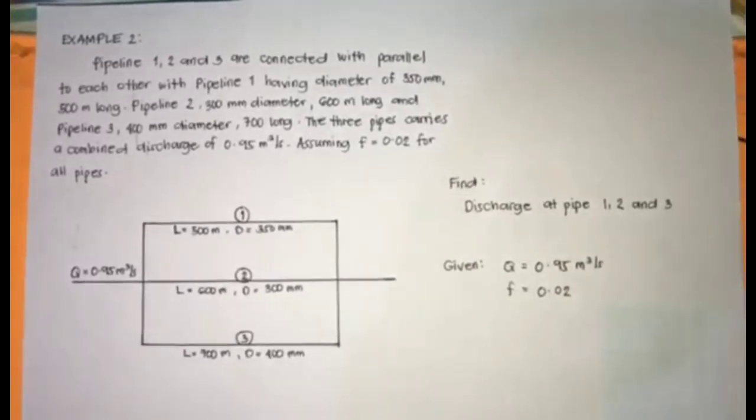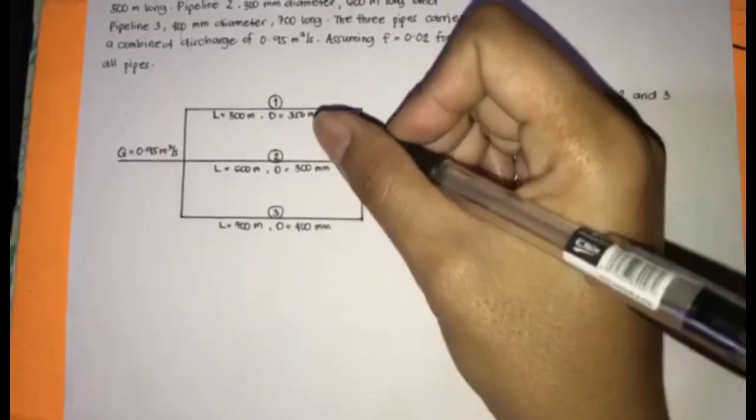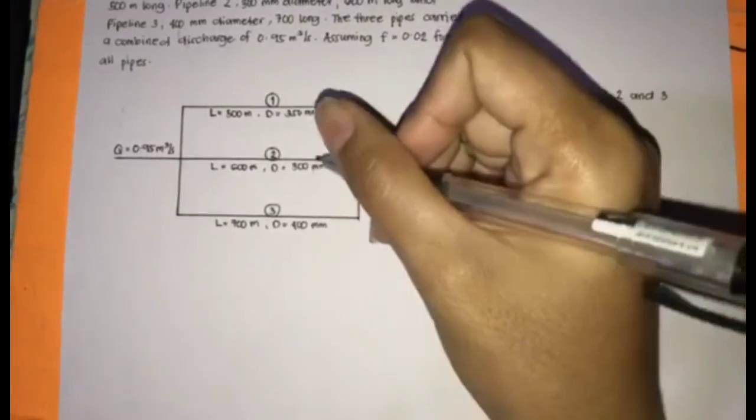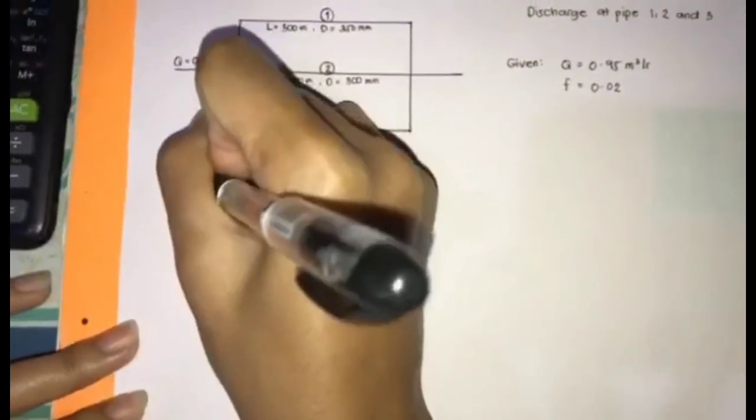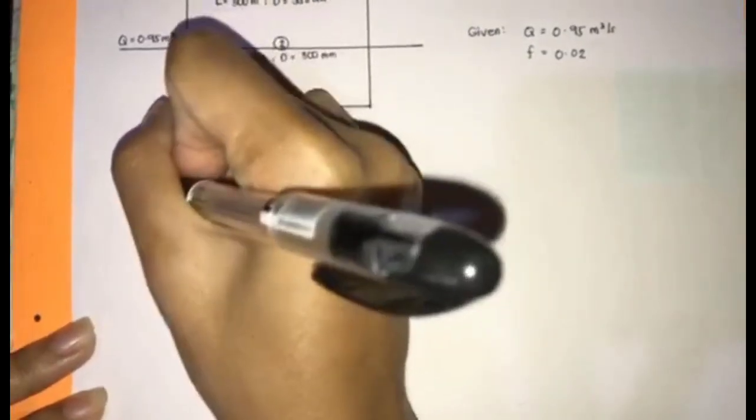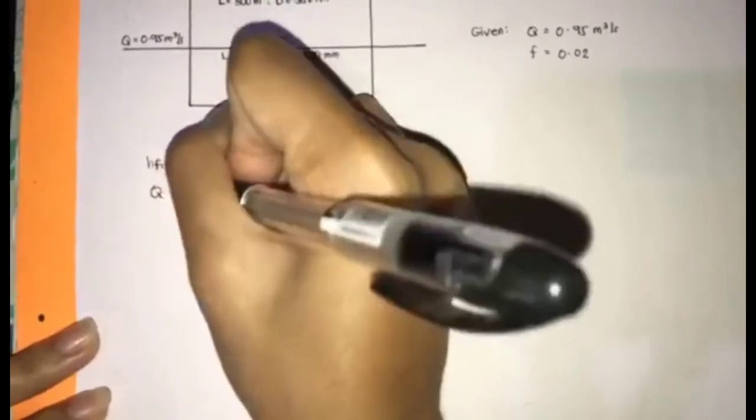So, considering the figure, we have pipe 1, 2, and 3 that are parallel with each other, given the length and the diameter. So, therefore, we can say that head loss 1 is equals to head loss 2 and equals to head loss 3. And with the discharge, we can say that Q is equals to Q sub 1 plus Q sub 2 plus Q sub 3.